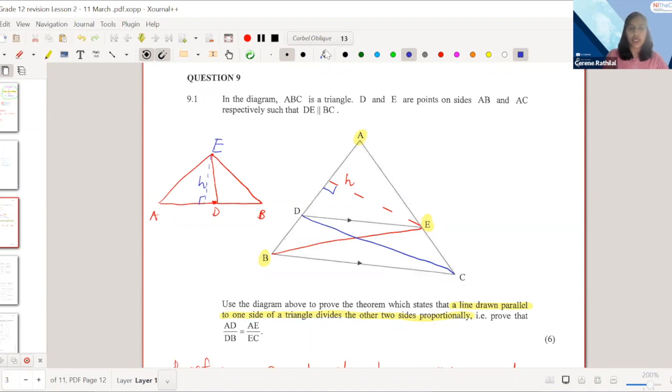I just want to check the chat box. I hope no one's confused. All we've done is I've drawn new line segments inside this triangle, and I have drawn a line perpendicular to the side AB to generate the height of the triangle. So I'm just awaiting responses in the chat box. So I see there is a response that says yes.